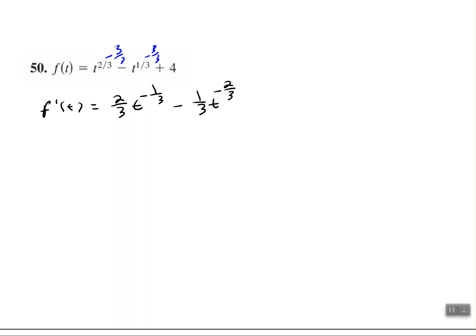And then remember, the derivative of a constant is 0. So the derivative of 4 would be 0. And then, again, the computer may accept it this way. If so, that's fine. I'm going to make my exponents positive.